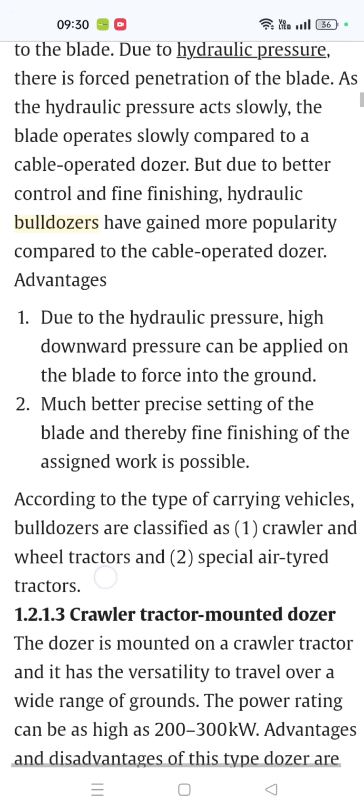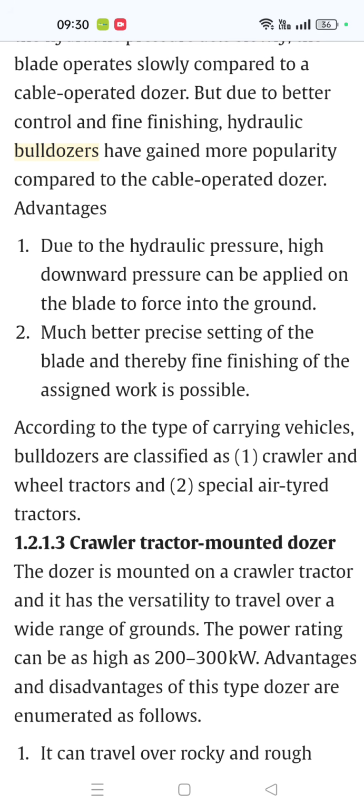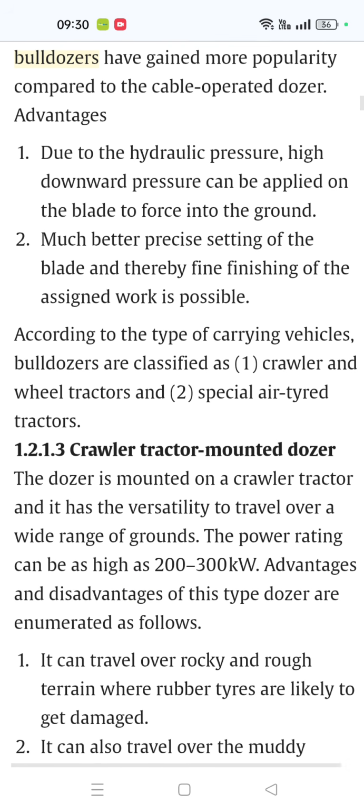Advantage 1. Due to the hydraulic pressure, high downward pressure can be applied on the blades to force into the ground. 2. Much better precise setting of the blade and thereby fine finishing of the assigned work is possible.